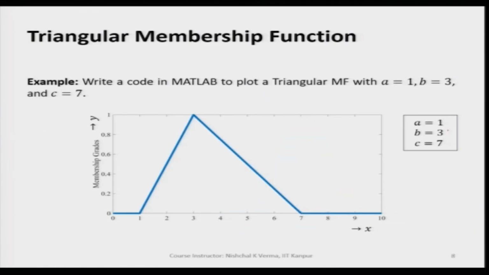As we see here, if we assign a equal to 1, b equal to 3 and c equal to 7, it means one of the vertices is at 1, the other is at 3, and the last vertex is at 7. So, we see this kind of shape gets generated. This is how a triangular membership function whose vertices are 1, 3, 7 gets generated.